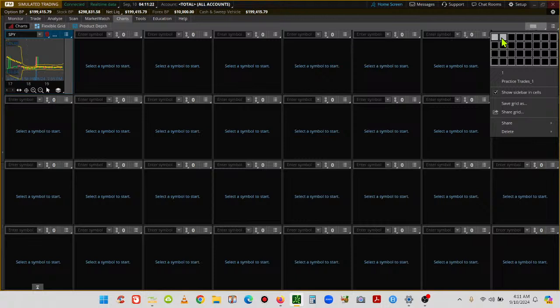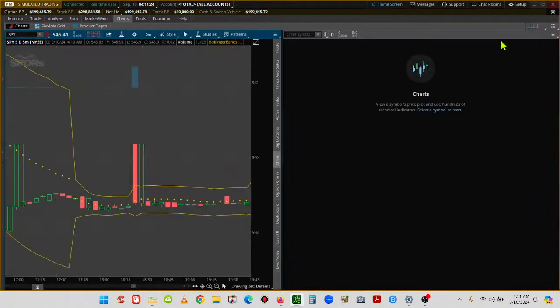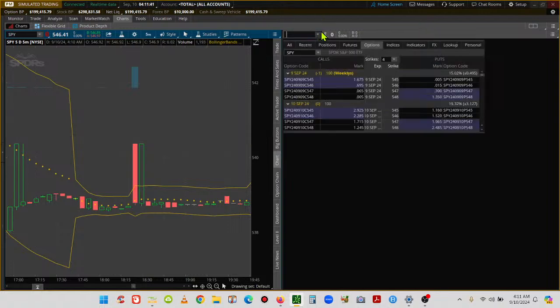So what we want to do is just have two open at a time. Okay, you could either do two options or have the SPY itself open like that. And then over here you have your options selected.